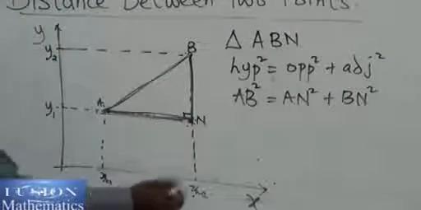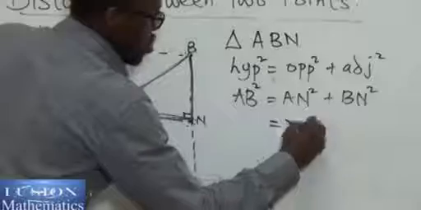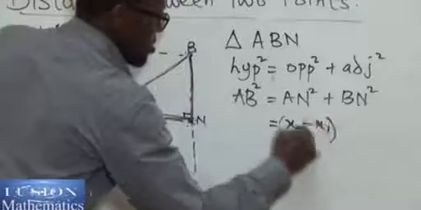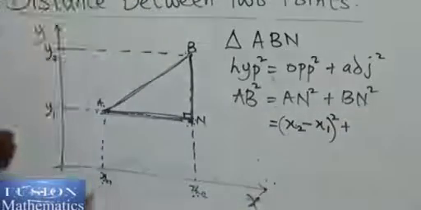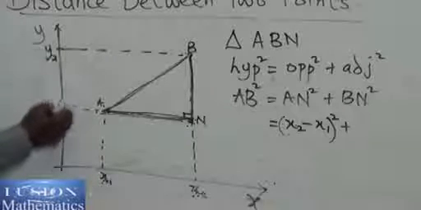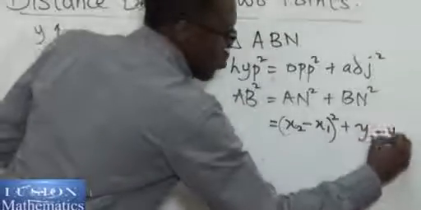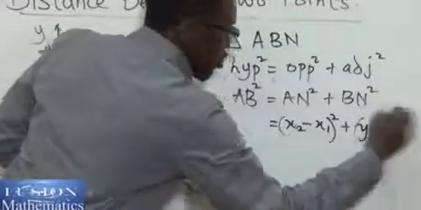AN is gotten by the difference between x2 and x1. So this gives us (x2 minus x1) squared. Then BN is gotten by the difference between y2 and y1. So we have (y2 minus y1) squared.